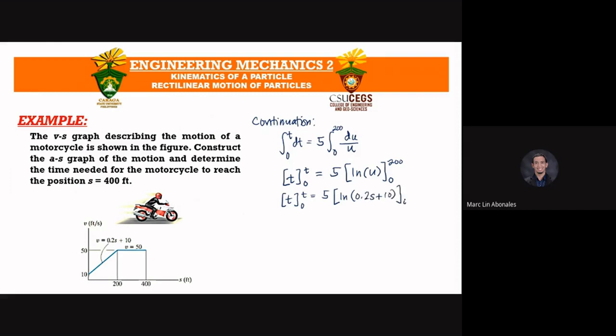Then we substitute the upper and lower limits. Upper minus the lower, so that is t minus 0, so that is t.